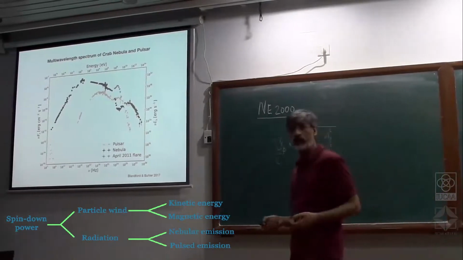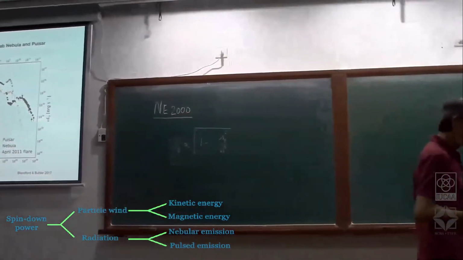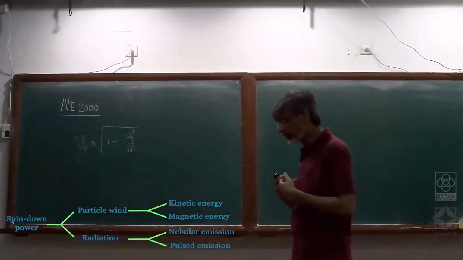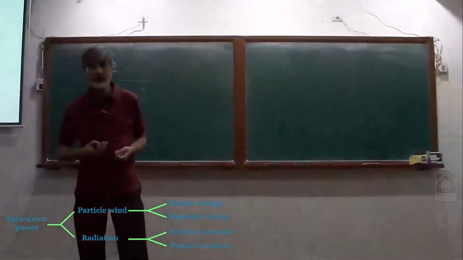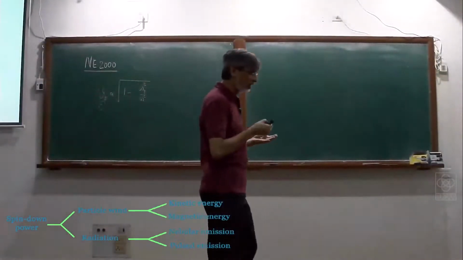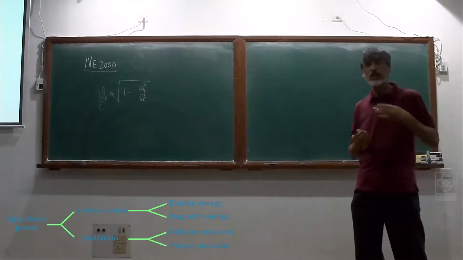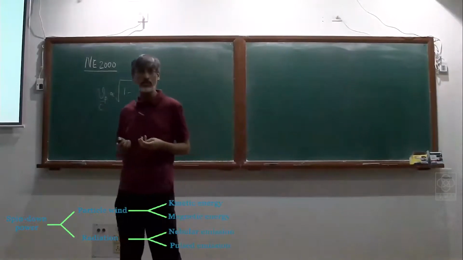So that is what the pulsar is losing its energy in, and at least in this case it's clear that the component of the energy which is being lost in the wind, which contains the plasma kinetic energy plus magnetic energy, is much higher than the luminosity, radiative luminosity of the pulsar itself.